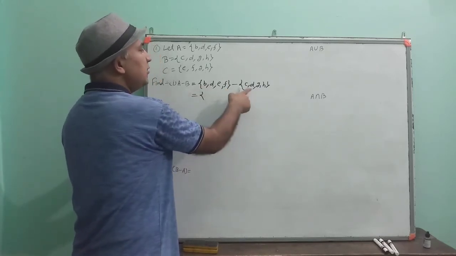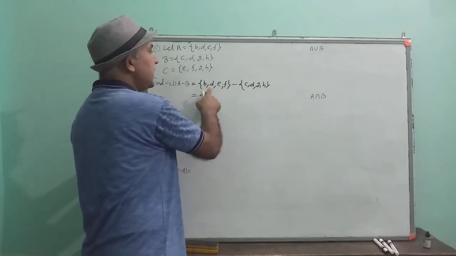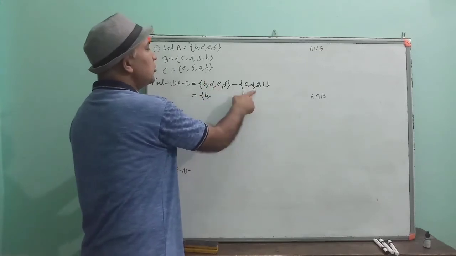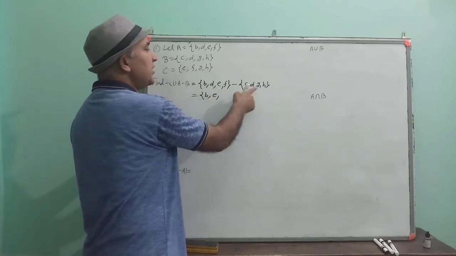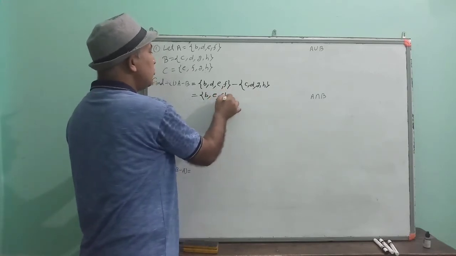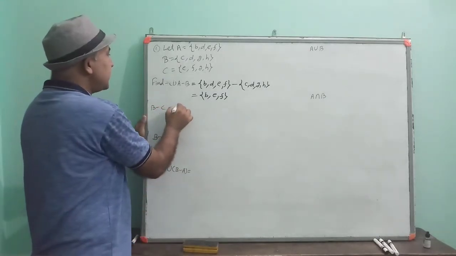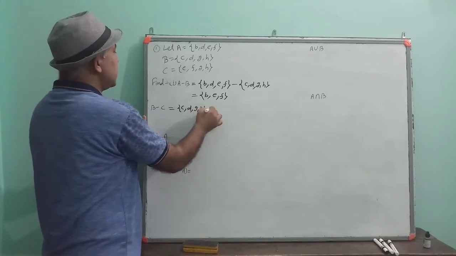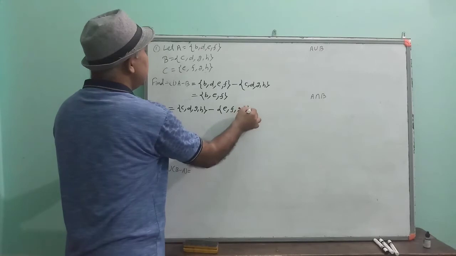B is here but not in B, so write down B. D is in A also, B also, so leave D. E is in A but not in B, so write down E. F is also in A but not in B, so write down F also.